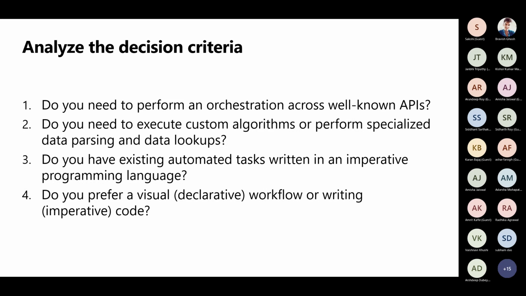Then the next thing is, do you have existing automated tasks written in an imperative programming language? If we already have an Azure function in a certain programming language, then we need Azure Functions here. Like we already have our orchestration or business logic expressed in C Sharp, Java, Python, or any programming language.